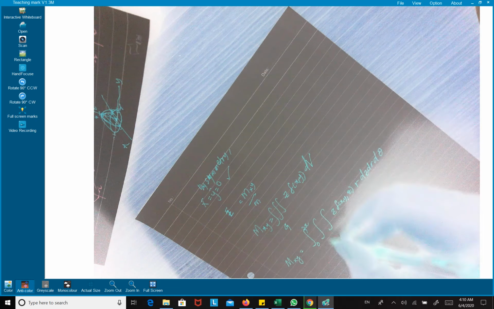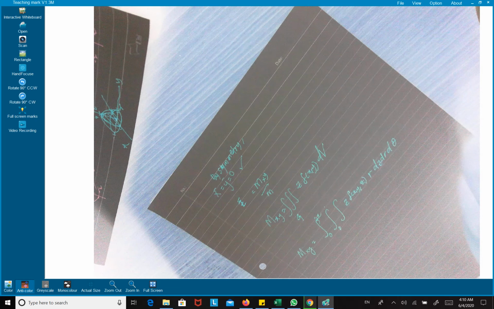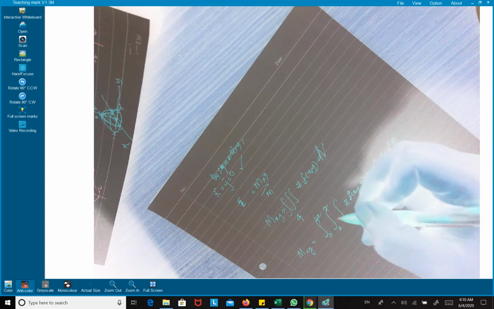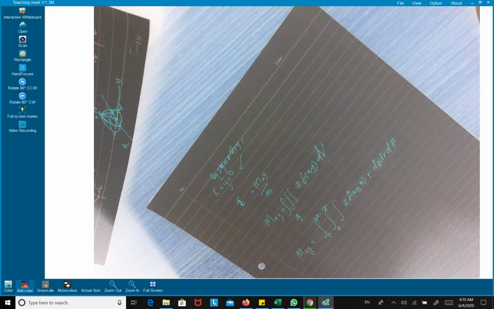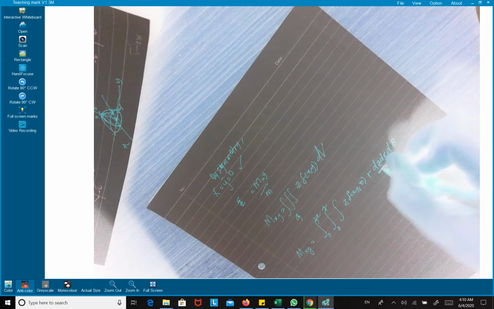Radius always positive, so 0 to 2. So how about z? So they're giving you, okay, how about for z limit?